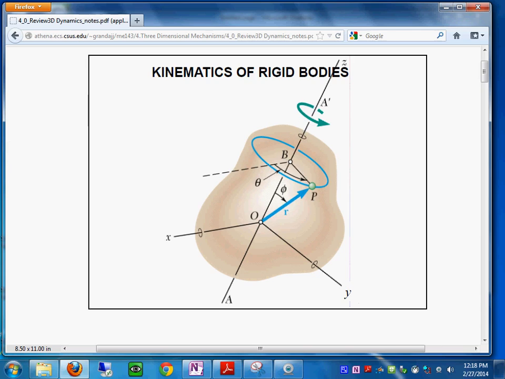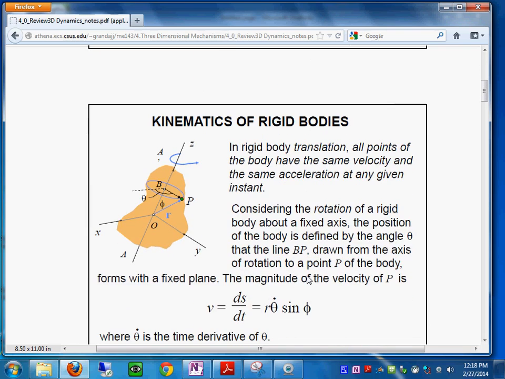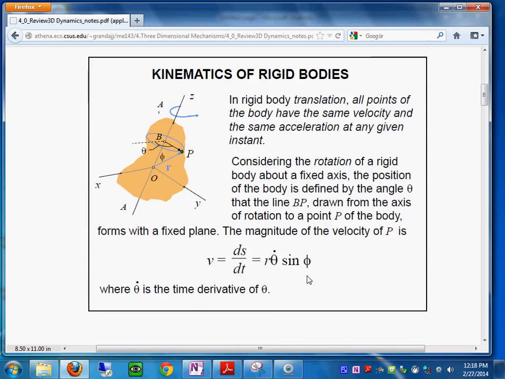Okay, so what we need to do in this case is make another sketch which now has a little bit more of the equations that we need. In this case, you have, as I said, this rotation here.